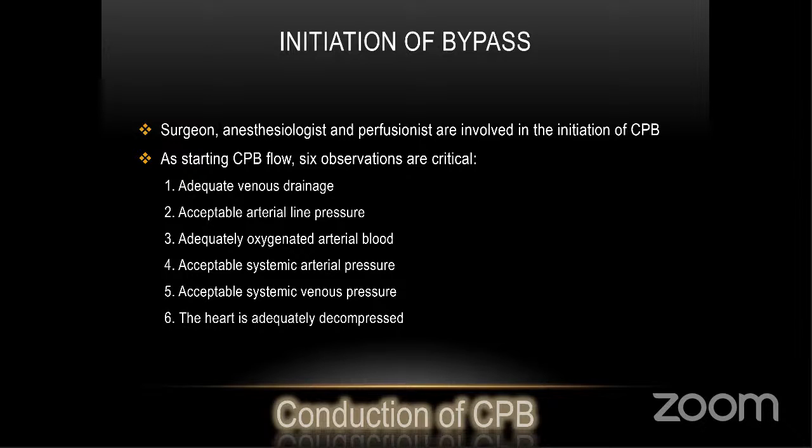The venous drainage should be adequate, arterial line pressure should be in acceptable range, and there should be adequate arterial blood oxygenation with acceptable systemic arterial and venous pressures, plus the heart is adequately decompressed.